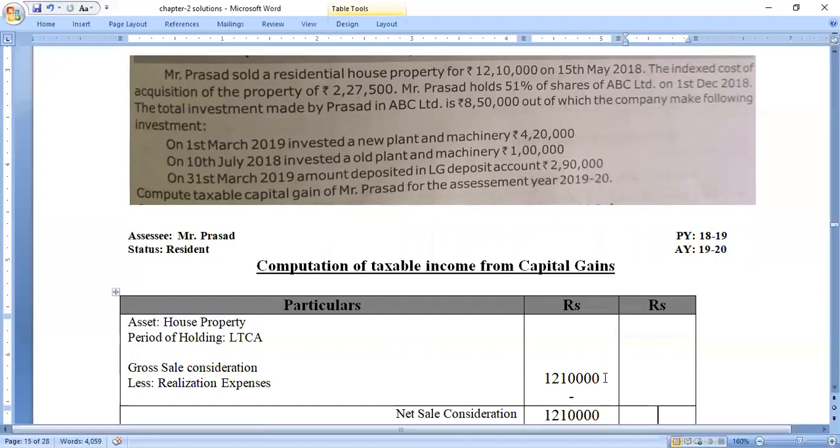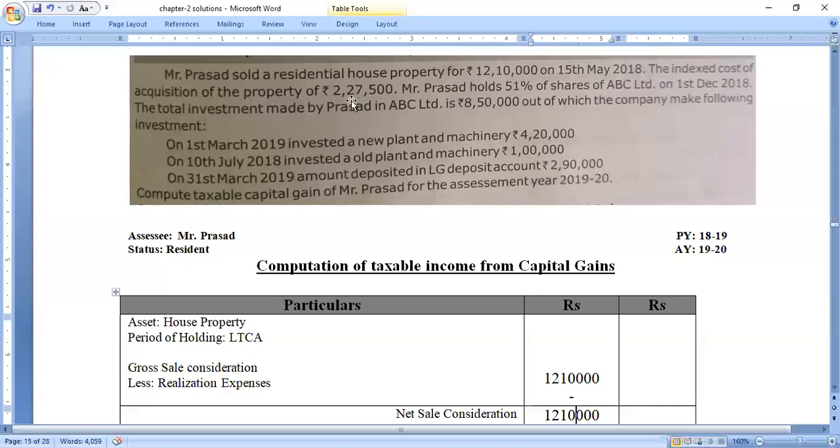Next, minus the realization expenses. Since there is no information, realization expenses are taken as nil, and the balance amount, net sale consideration, is 12,10,000.